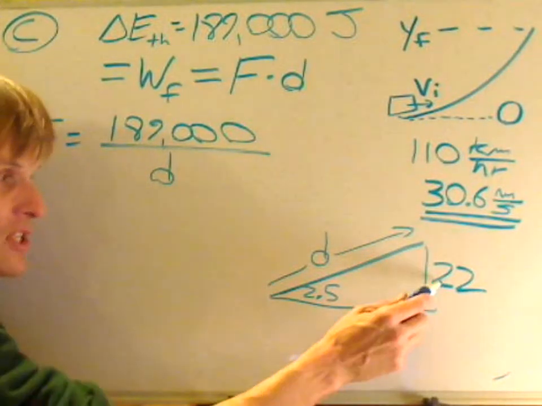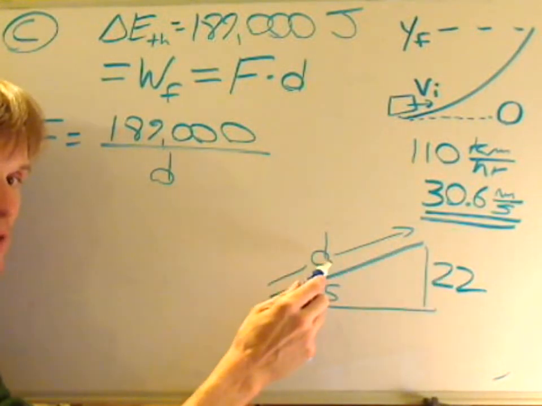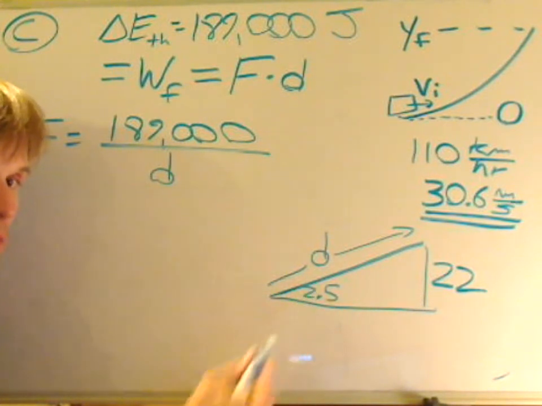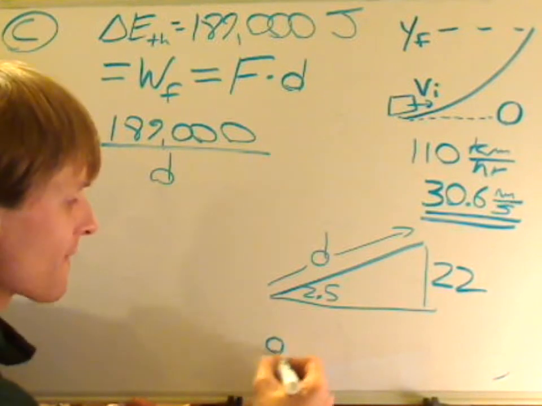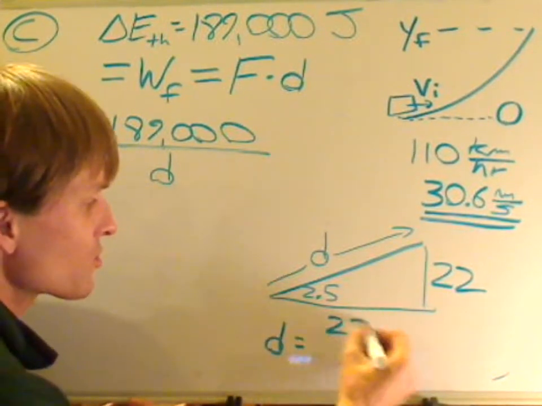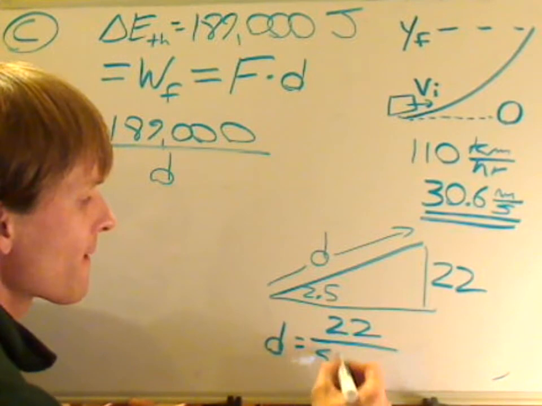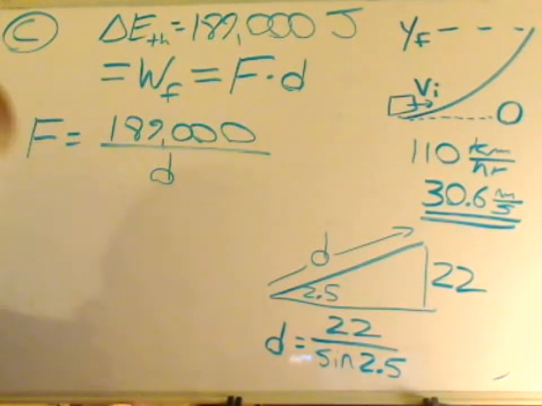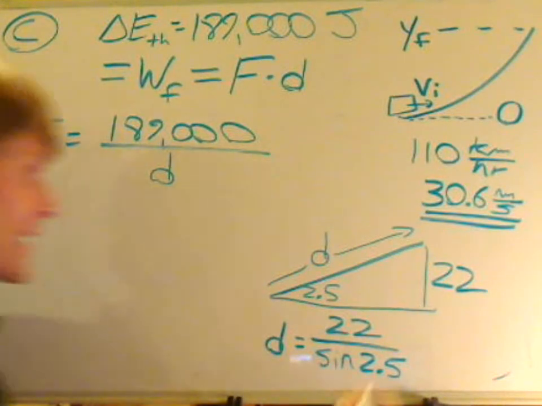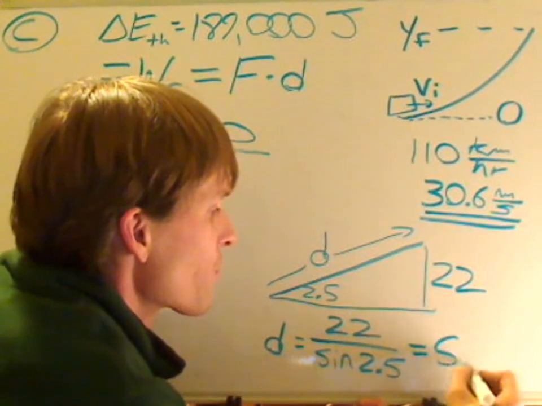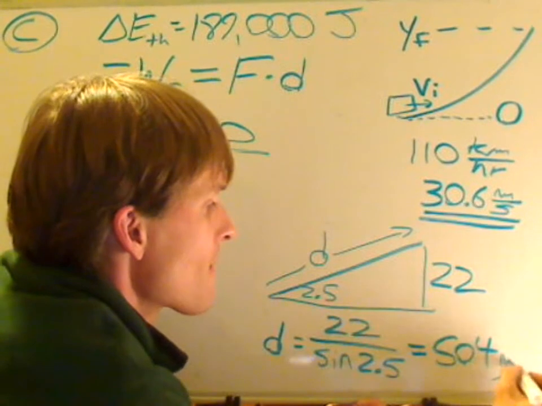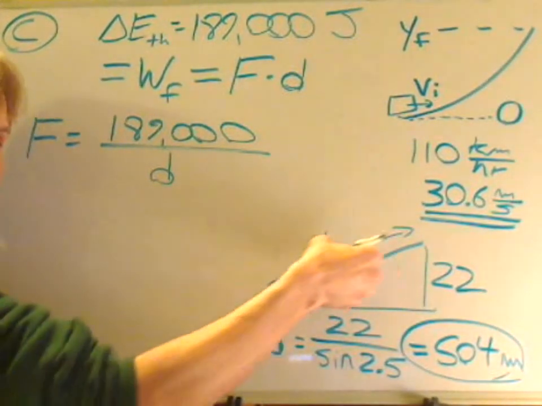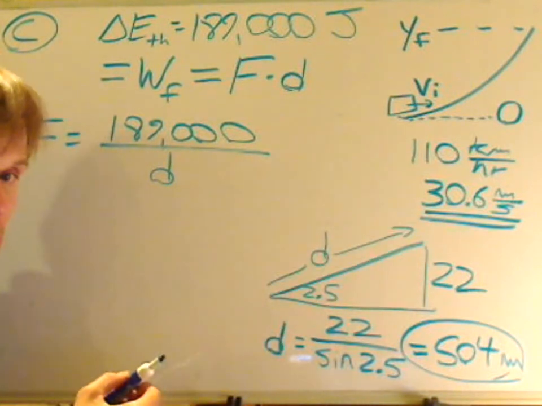So 22 divided by d is the sine of 2.5, therefore d is 22 divided by the sine of 2.5, and that answer is 504 meters. That's the distance along the road that the car travels.